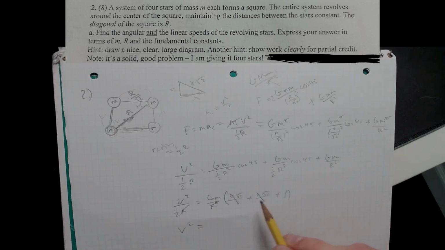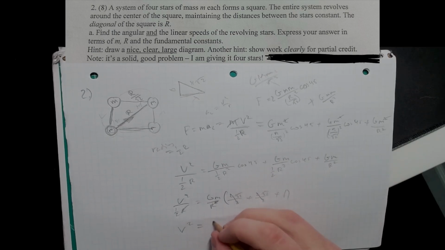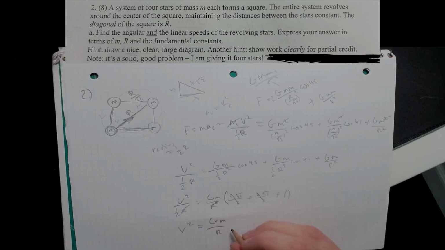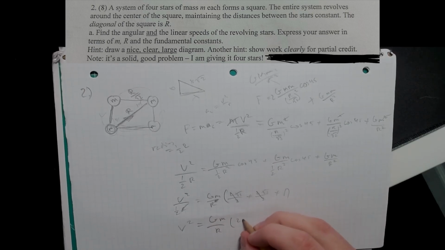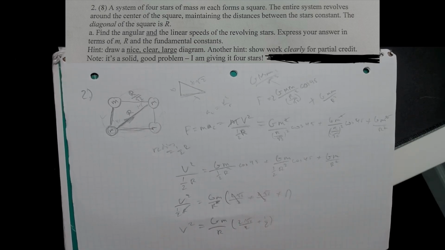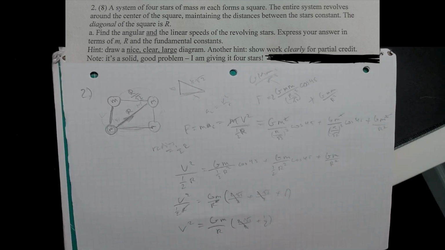Multiply both sides by 1/2, we get 2 root 2 over 2 plus 1/2. So G m over r times 2 square root of 2 over 2 plus 1/2, because we just multiply both sides by 1/2 here.